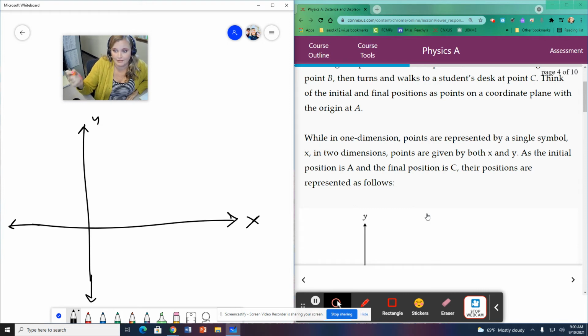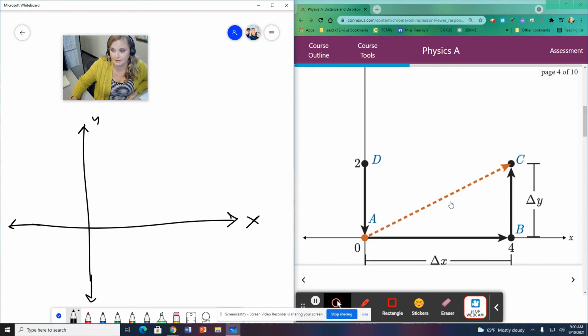So if I traveled 3 meters this direction, and then I turned and went 4 meters this direction, we want to know what's the total displacement. And we do this by drawing a resultant vector.